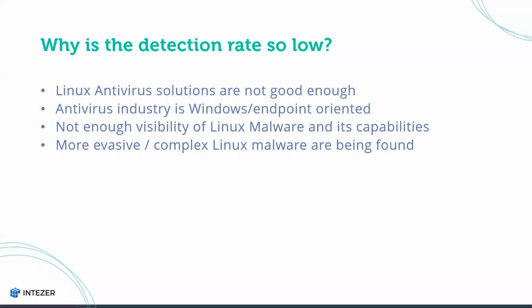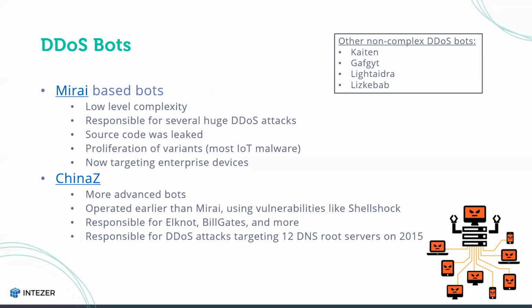So let's start by discussing specific types of malware, starting with DDoS bots. As we mentioned, this is one of the common types of malware, because there are many different devices and servers that are not protected enough, so attackers are able to take advantage and use them for creating a botnet and then deploying DDoS attacks or mining cryptocurrency.